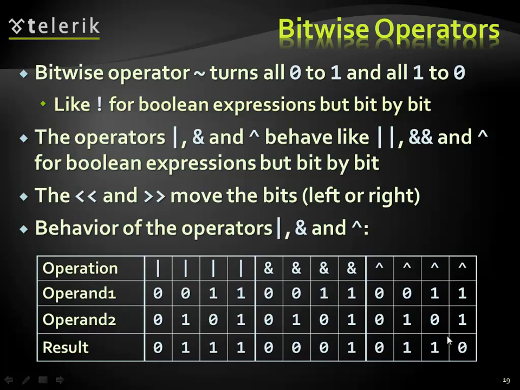In XOR, again, both bits have to be different from each other to produce a positive result. So these are usually used in order to make changes in the bit structure of a number.